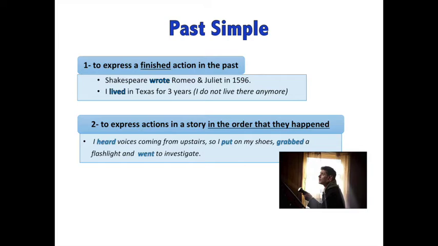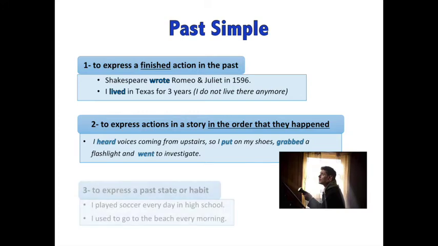For example, I heard voices coming from downstairs, so I put on my shoes, grabbed a flashlight, and went to investigate. These are all past actions and they are happening in that order, so we use past simple for each verb.